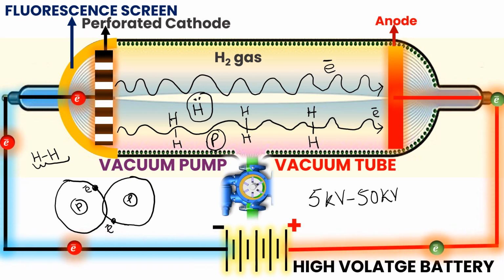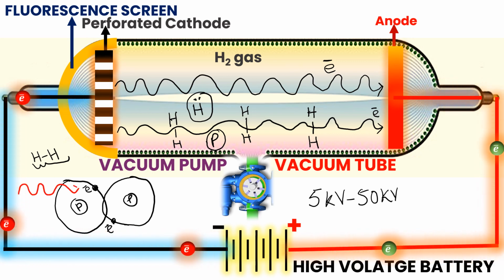Now, when the cathode rays fall on the bonded hydrogen molecule, the cathode rays, which are based on highly energetic electrons, will cause the breakage of the bond.